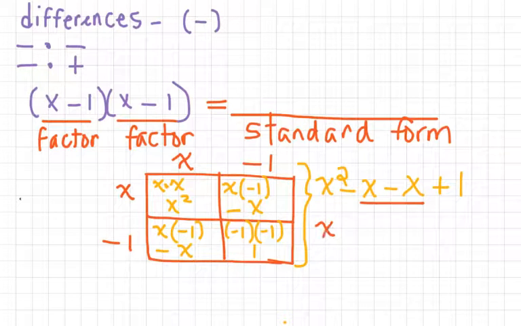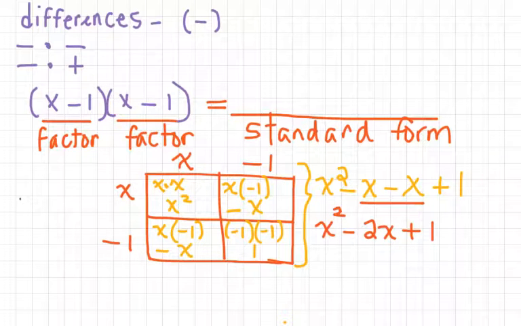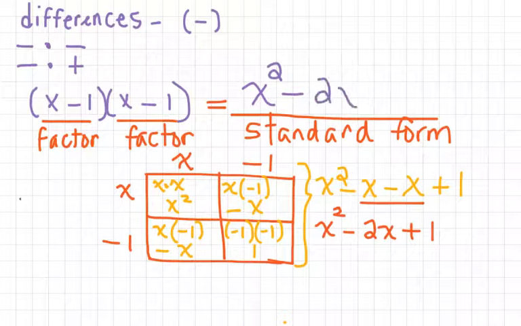I'm going to get x squared minus 2x plus 1. I have just gone from factored form to standard form. So up here, I would write my standard form of x squared minus 2x plus 1.